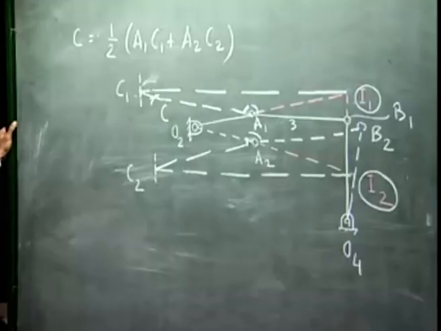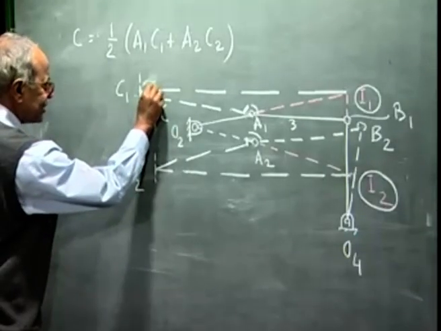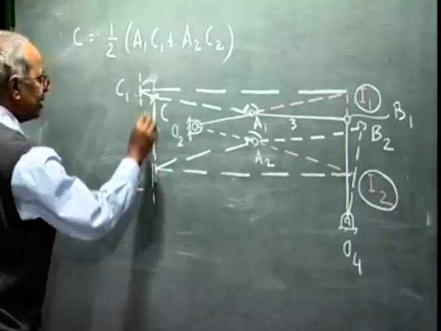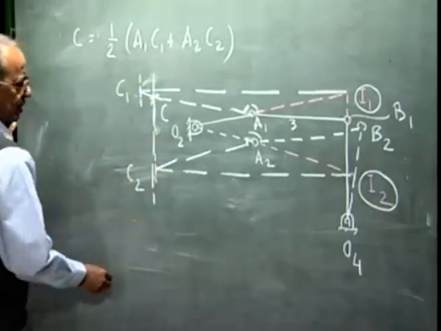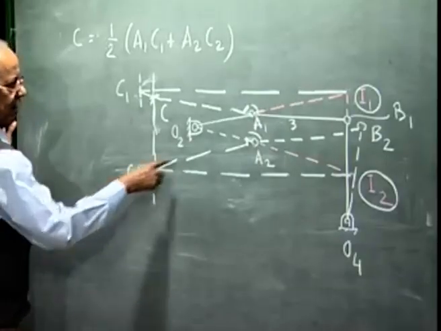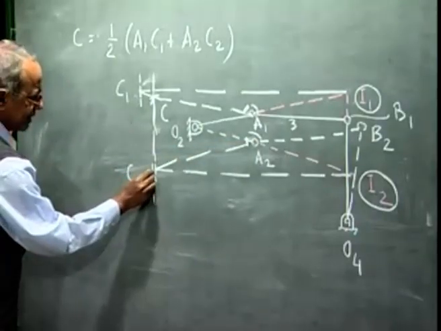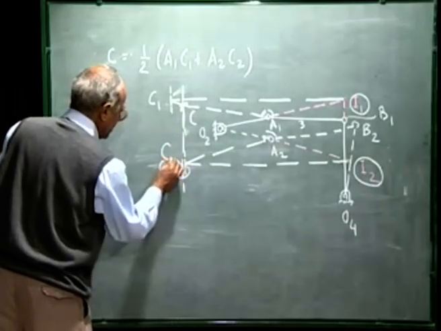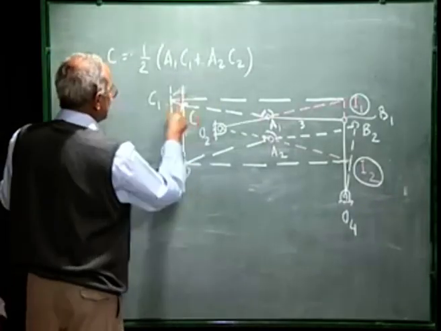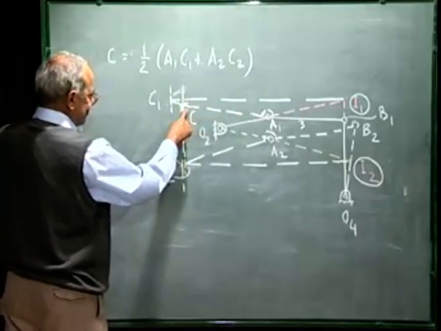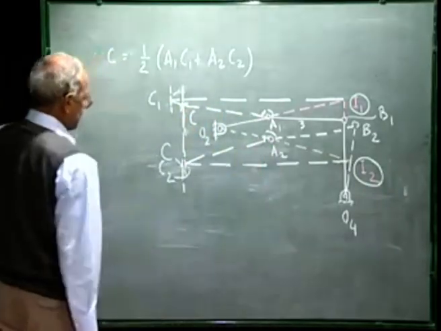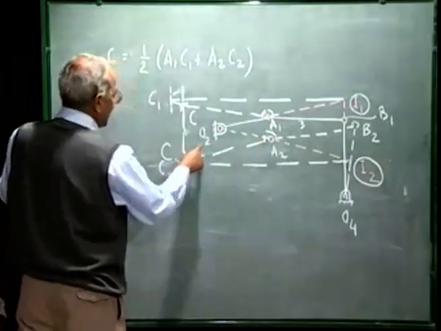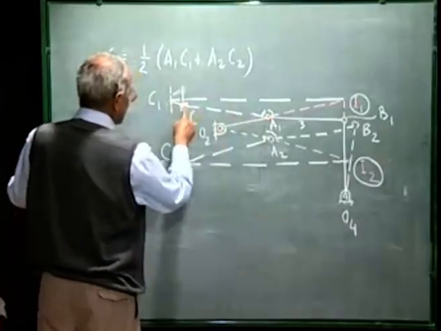With this point C, what we will see is that the path of C will be a good straight line. A2C2 is less than A2C, and A1C1 is more than A1C.